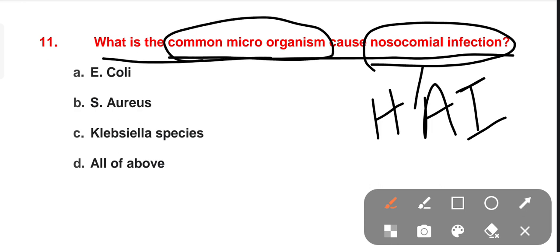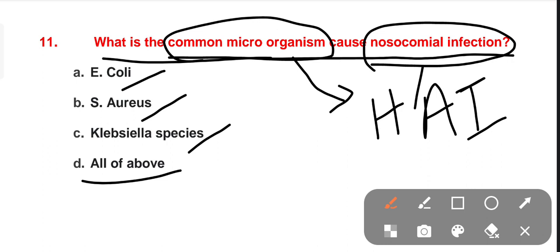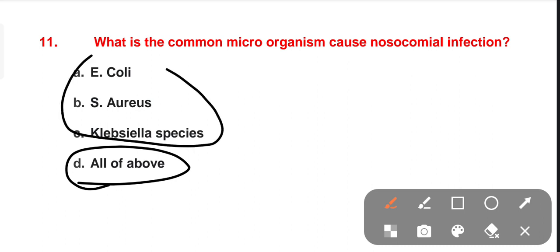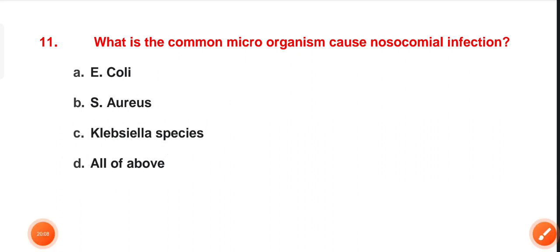Options are E. coli, Staphylococcus aureus, Klebsiella species, and all of the above. The correct answer is all of the above. By these three microorganisms, patients can get common nosocomial infections.